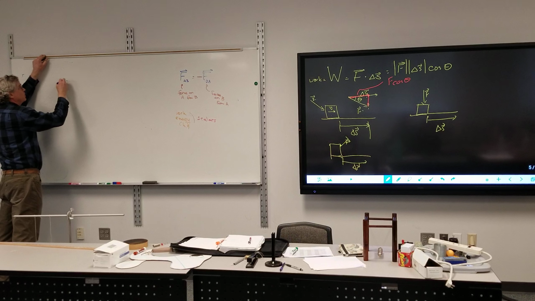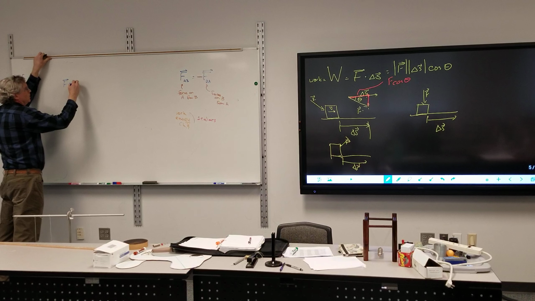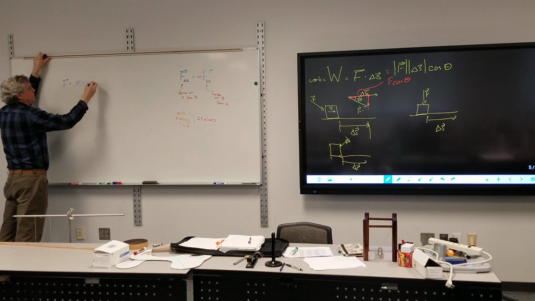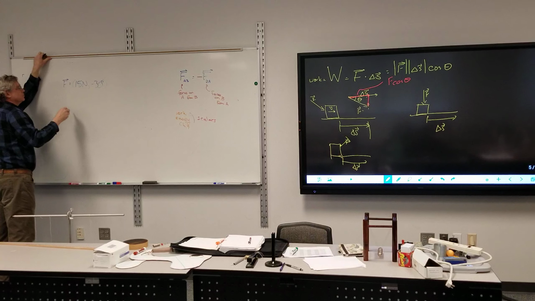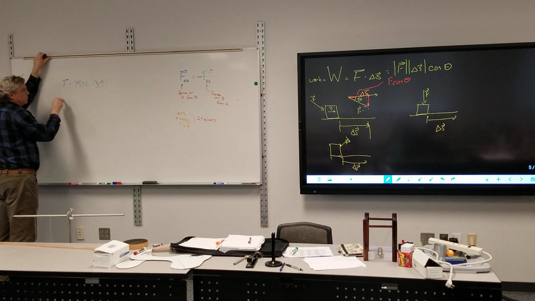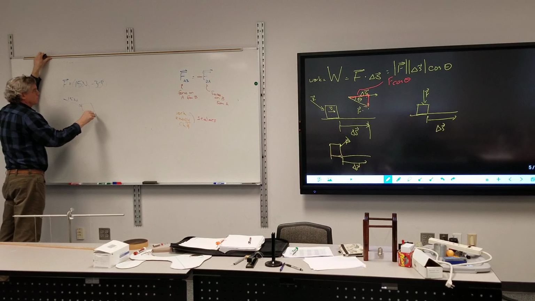So if I have a force that is, say, let's stay away from the unlucky numbers right now, 15 newtons at an angle of negative 30 degrees. So it's a force that's sort of moving like that. So I have 15 newtons acting on an object that's moving in that direction.